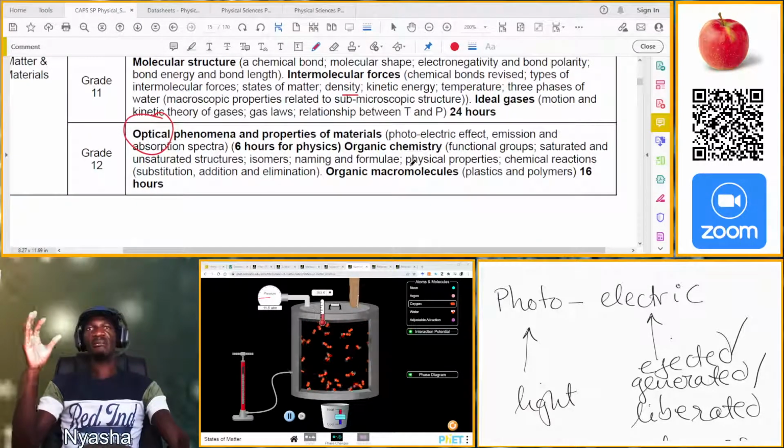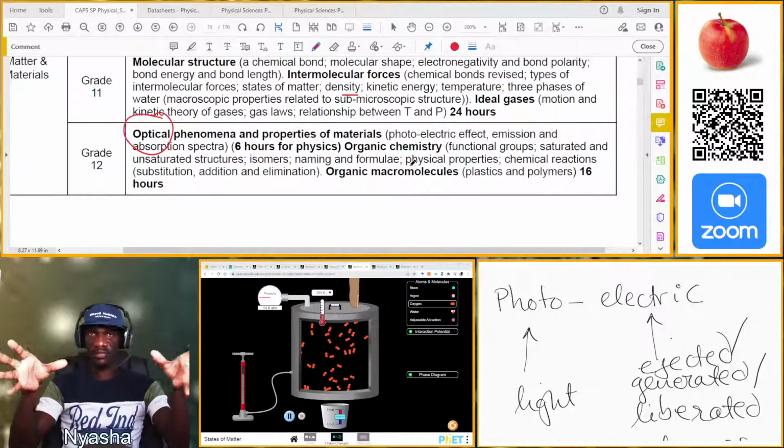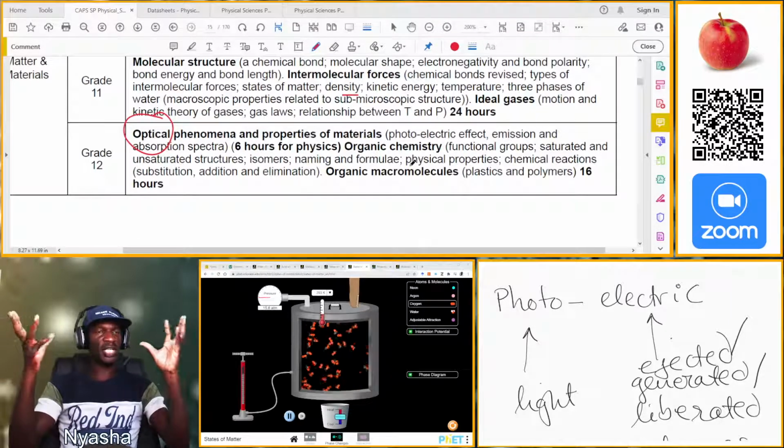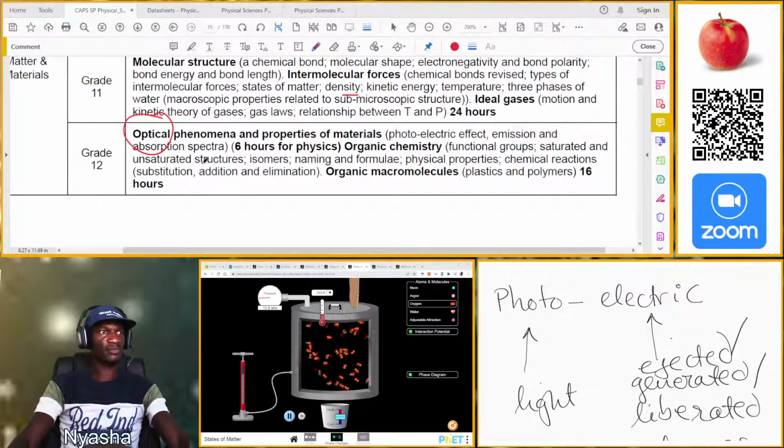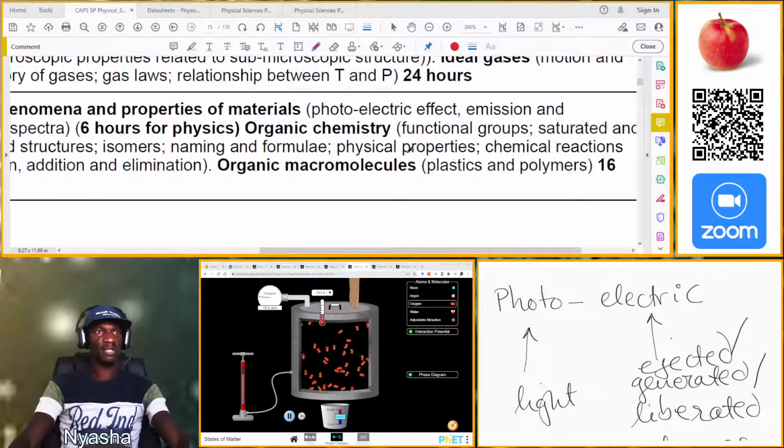When the molecule has been given to you, it may be a very long chain molecule. The naming of the molecules follows some structure, so it's important for you to try and revise those.